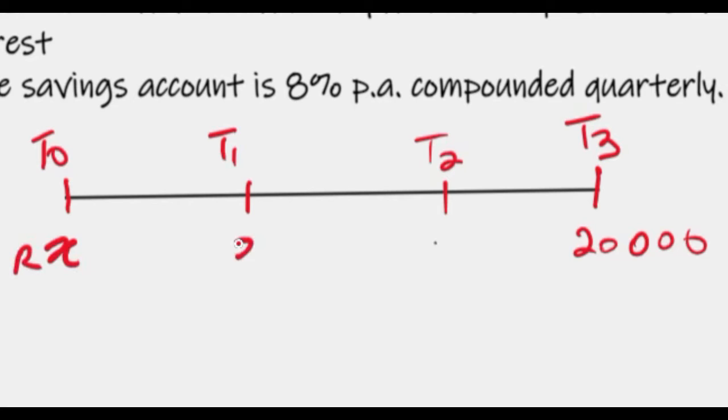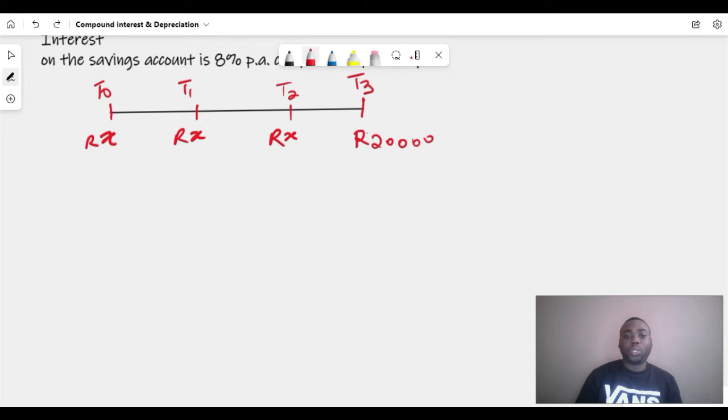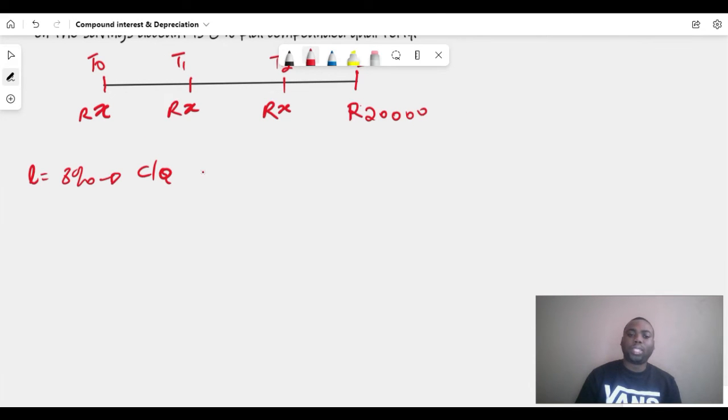And since it has to be the same, I would write X Rand for those 3 periods of deposits. Another thing we do have is our i is 8% compounded quarterly. So we can put all this into the compound interest formula.